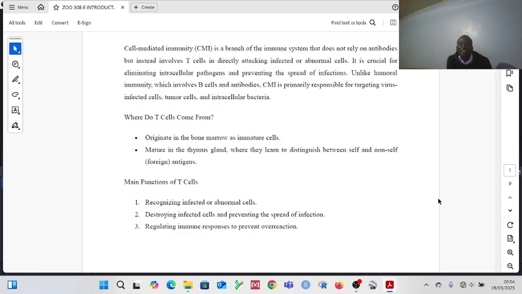As the T cells destroy these infected cells, they end up preventing the spread of infections because they've destroyed the cells that had that infection. Then the third function is they regulate the immune response so that there is no overreaction. Okay, so they help in regulating the immune response.